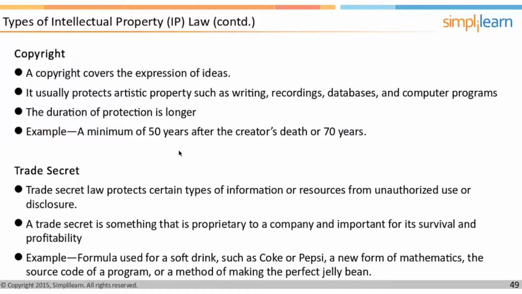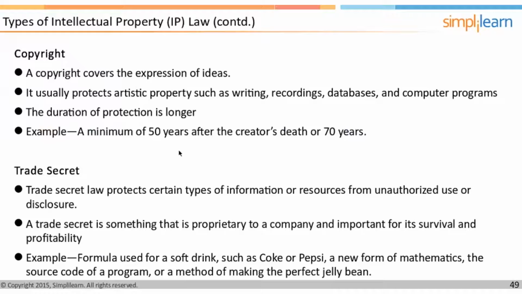Trade secret. Now, what is the formula which Colonel Saunders uses in his KFC sauce? What is the code that Google has for its search engine? What is the formula used by Coke or Pepsi?